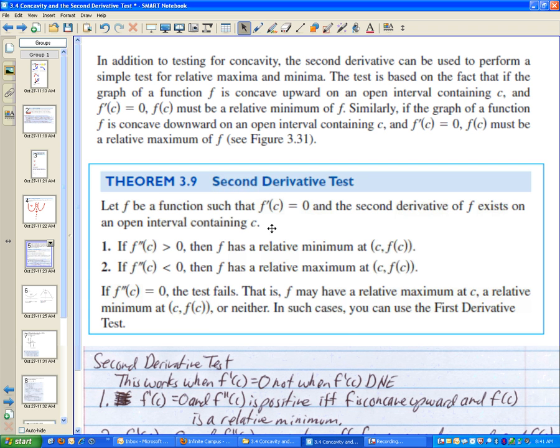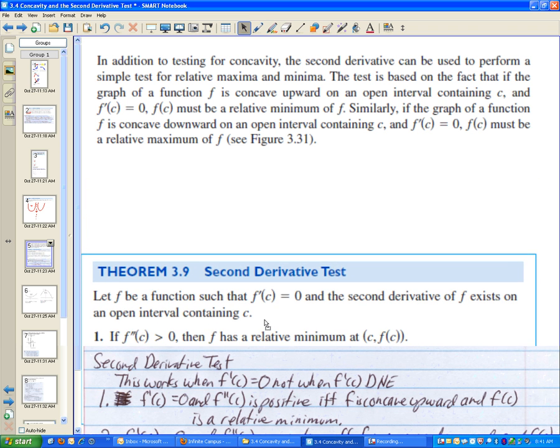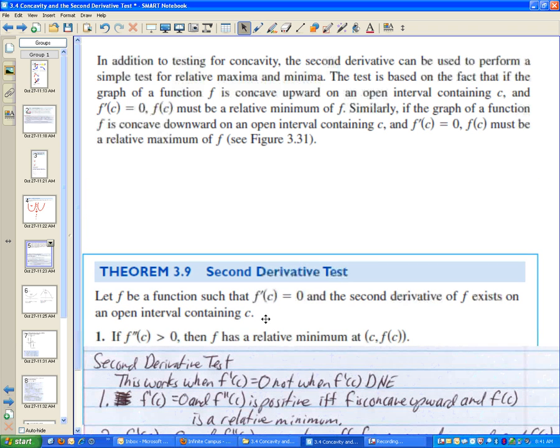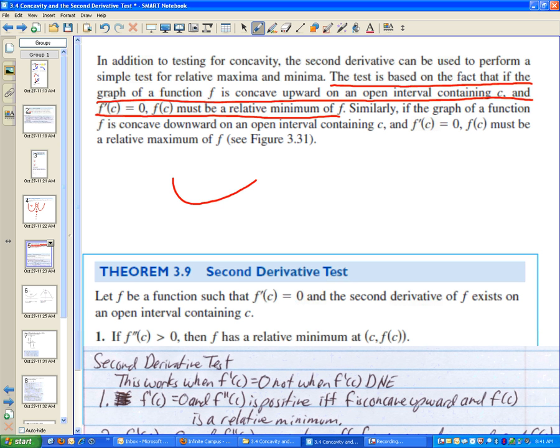Okay, how much of this is attached? I'm going to move this down for a minute. It says the test is based on the fact that if the graph of f is concave upward on an interval. Okay, so let's make a little interval. Let's make the graph concave upward. Okay? Now, and f prime of c equals 0.